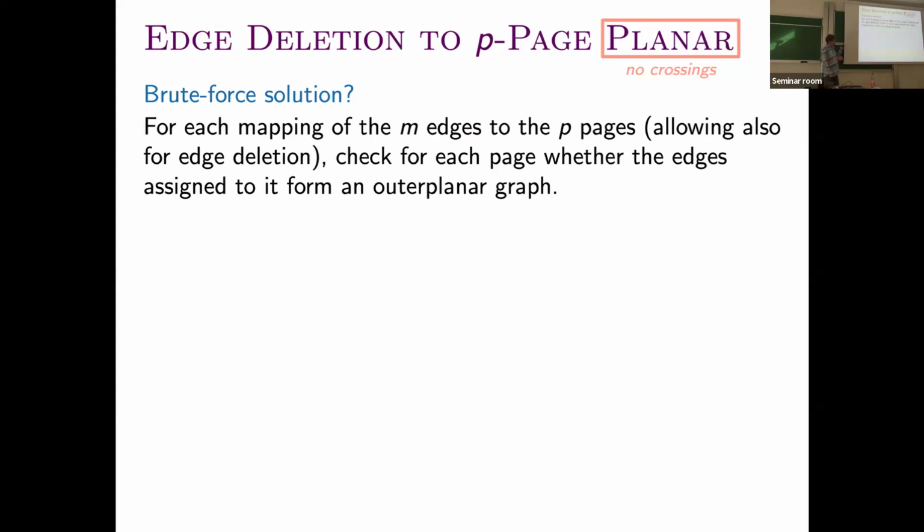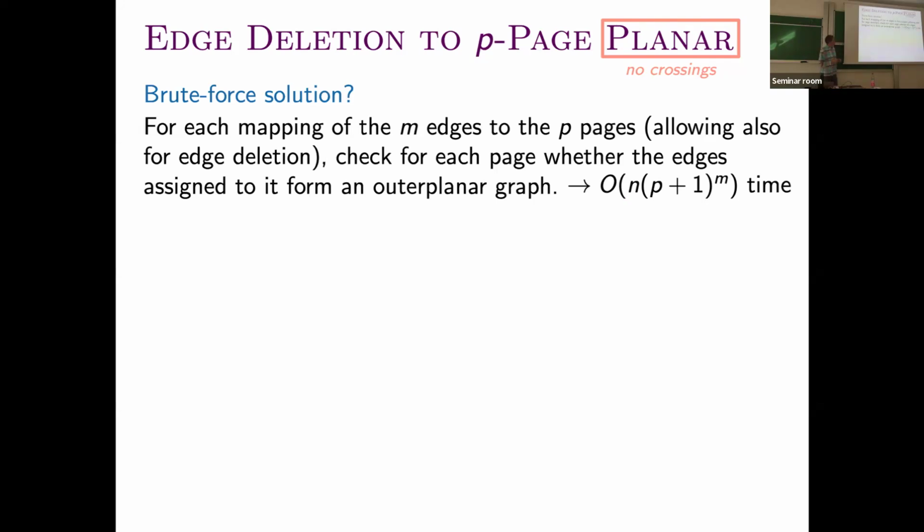Then you have to run a check whether the solution that you get by your mapping is actually feasible, so whether every page is crossing free. Another way to say this is whether the edge set forms an outerplanar graph.